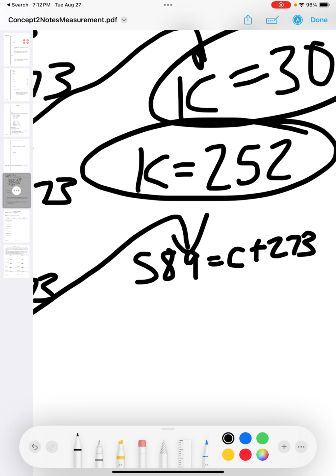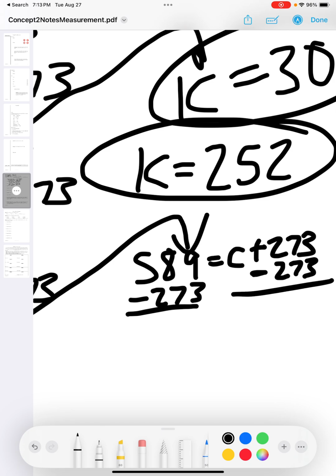So what's keeping C from being by itself is the adding 273 over on the right side. So to undo adding 273, we just have to subtract 273 on both sides. Okay, the adding and subtracting 273 undoes each other, and we're left with C by itself on the right side, and then we just have to type this in our calculator or subtract it.